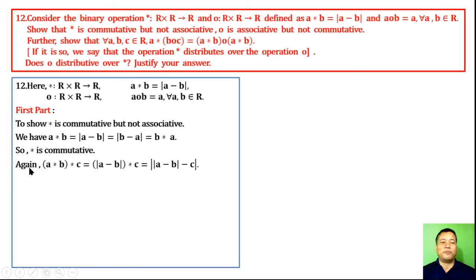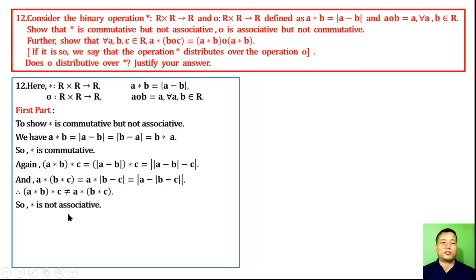For associativity, take A asterisk B asterisk C: first A asterisk B is modulus of A minus B, then asterisk C gives modulus of modulus of A minus B minus C. And A asterisk of B asterisk C: B asterisk C is modulus of B minus C, so the outcome is modulus of A minus modulus of B minus C. The right side and left side are not equal, so asterisk is not associative.